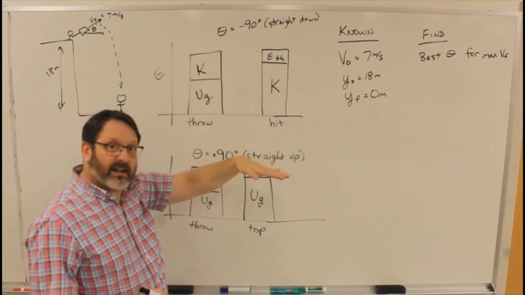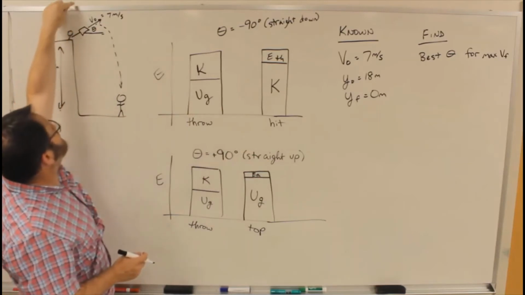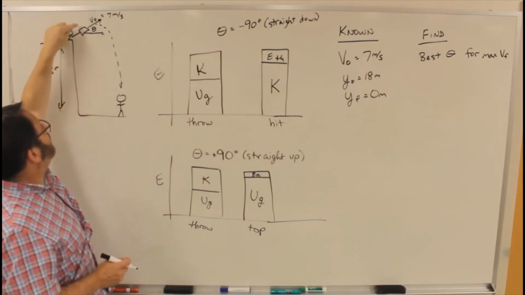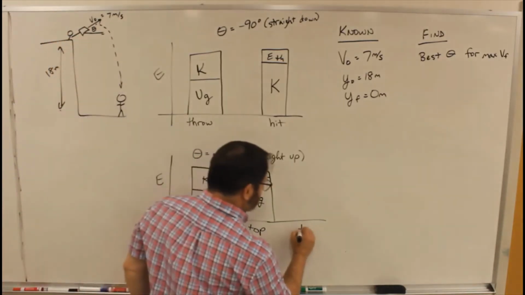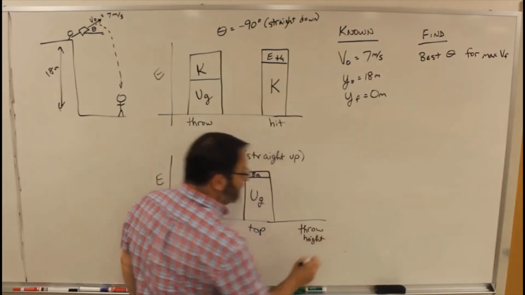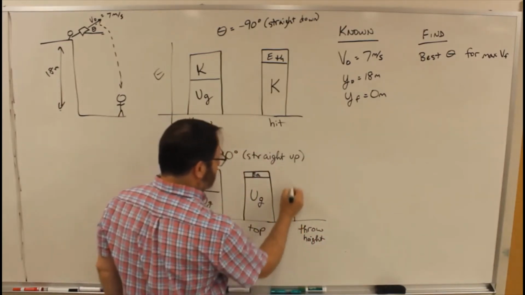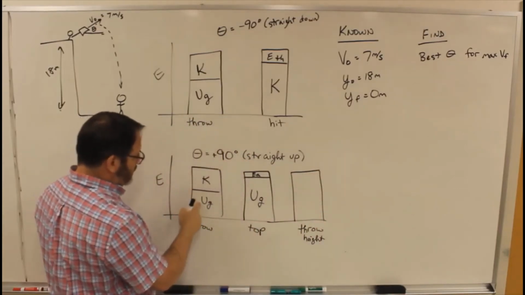Then it comes back down. Another interesting point to look at: you throw it up, it goes up some distance, stops, comes back down. When it gets back down to the same height, which we'll call the throw height, still going down, it'll be just like it was before.